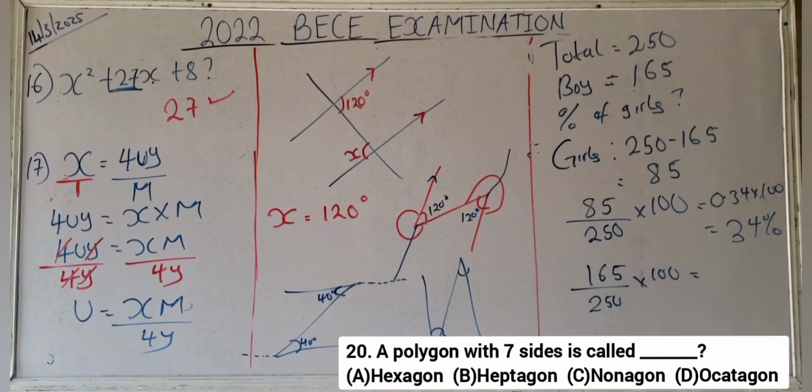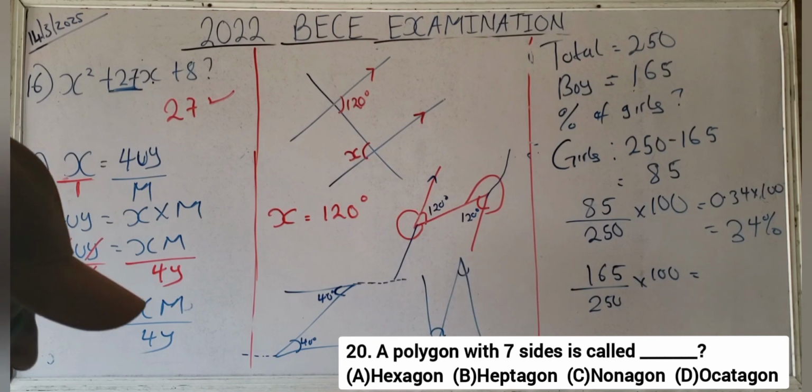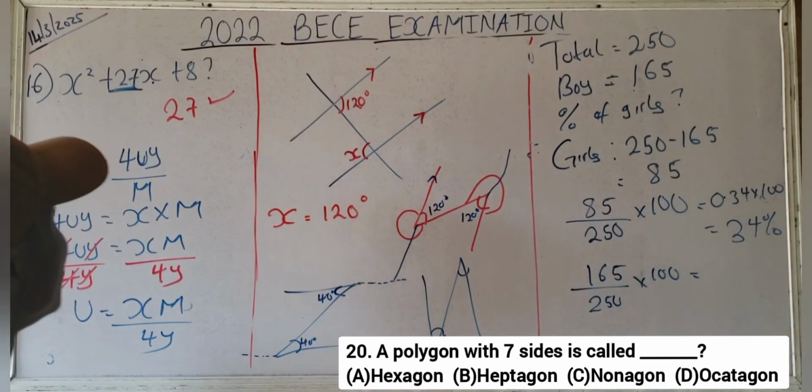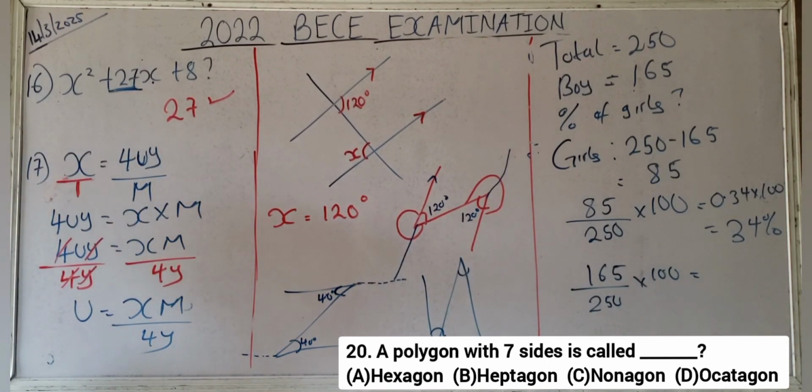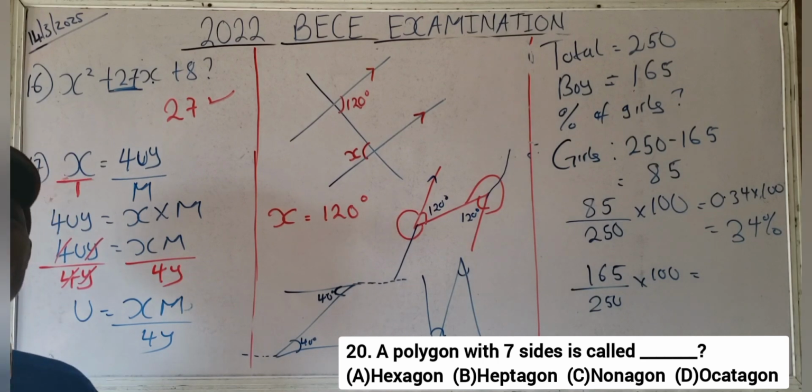For question 20, we have: a polygon with 7 sides is called dash. I'm very sure you will have been taught polygons in your JSS 1.